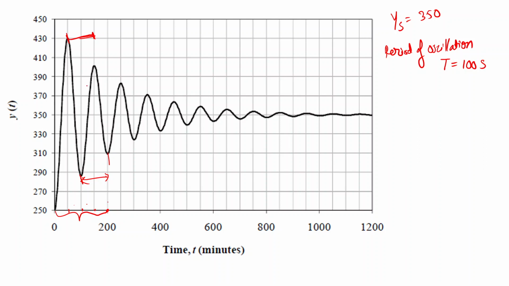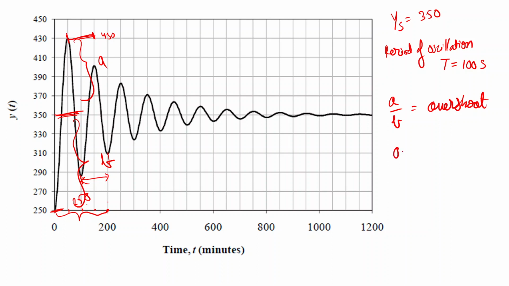The other thing we can calculate is this. We can see that the maximum value over here is 430. The minimum value over here we can see it as 250. So we can call this as A and this as B. So we know that the ratio of A upon B is known as overshoot.